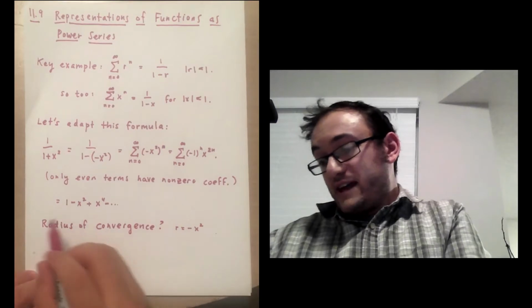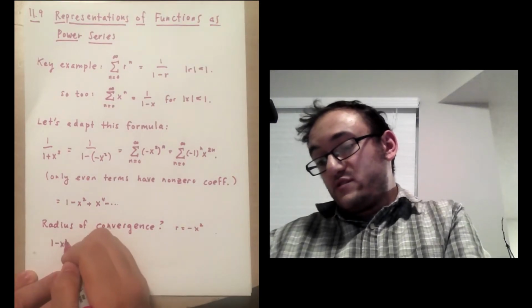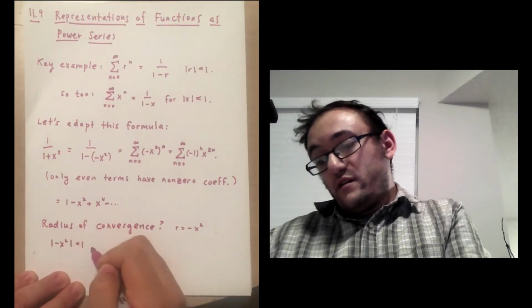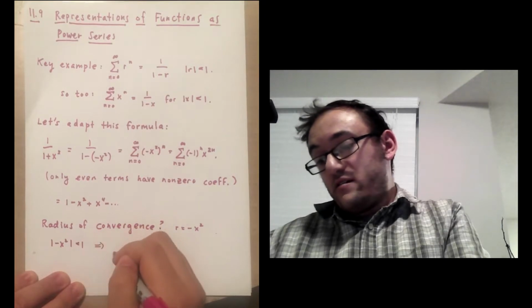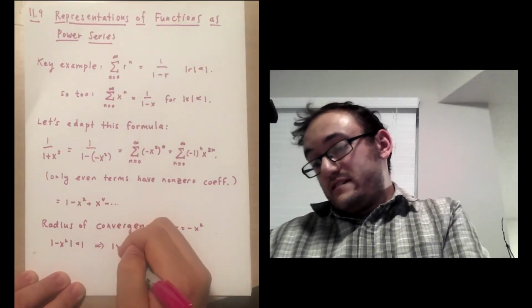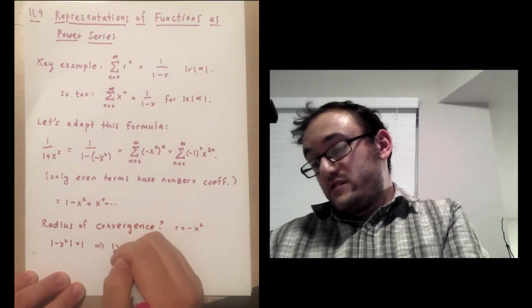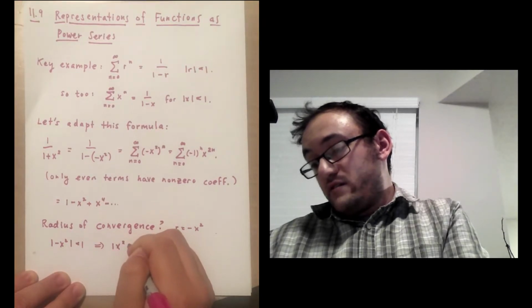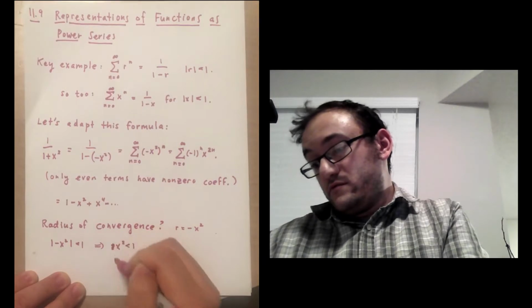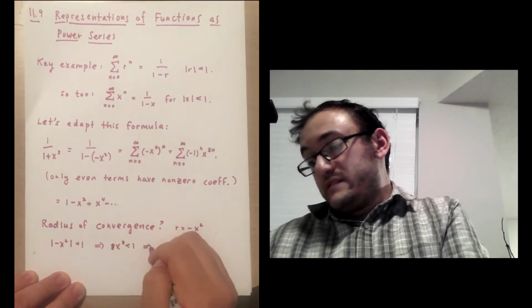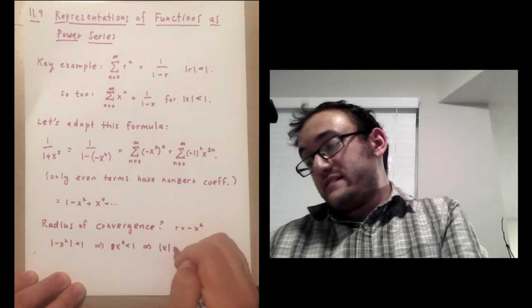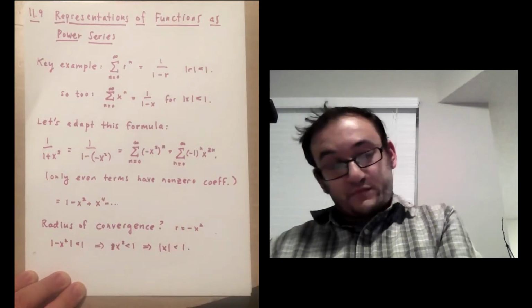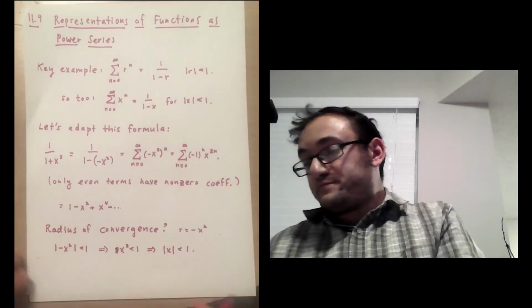So all we need is that the absolute value of minus x squared is less than 1. Well, that's equivalent to saying that the absolute value of minus x squared, which is just x squared, is less than 1, which just means that the absolute value of x itself is less than 1. Okay.